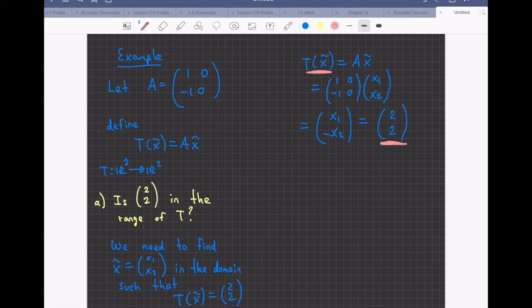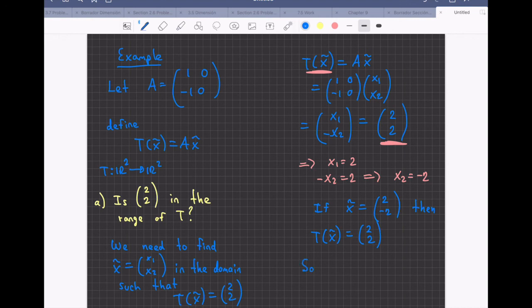Remember, two vectors or matrices are equal if component by component they are equal. So from here we have two equations: x1 equal to 2 and negative x2 equal to 2, which implies that x2 is equal to negative 2. So if we define x as 2, negative 2, then T of x is going to be equal to 2, 2. So the answer is yes.